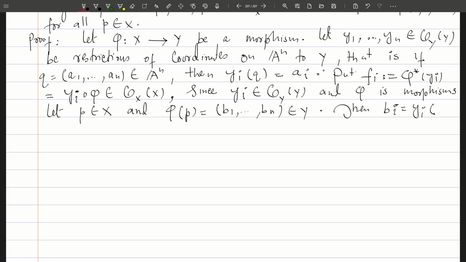So let us call this b, where b is the point b1 up to bn. So this yi when evaluated at b gives the ith coordinate of b, which is bi.